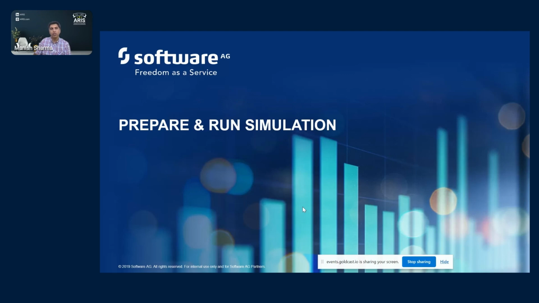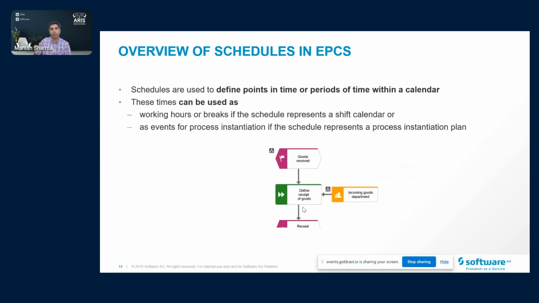But once you've done that, you can then prepare and run simulation as well. In terms of preparation, there are two things that you could do. One is you can maintain the shift calendars of people involved in this process. So where it says define receipt of goods, and there's an incoming goods department that does it, you can actually define the shift calendar.